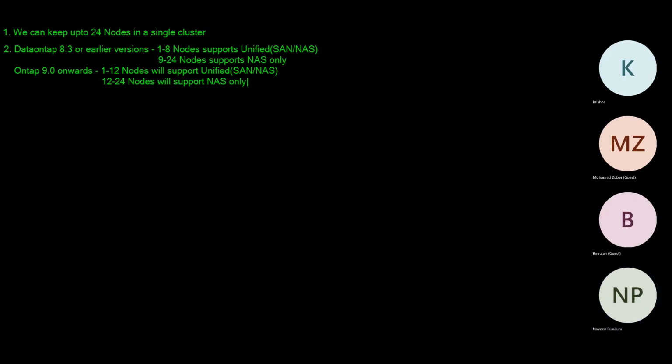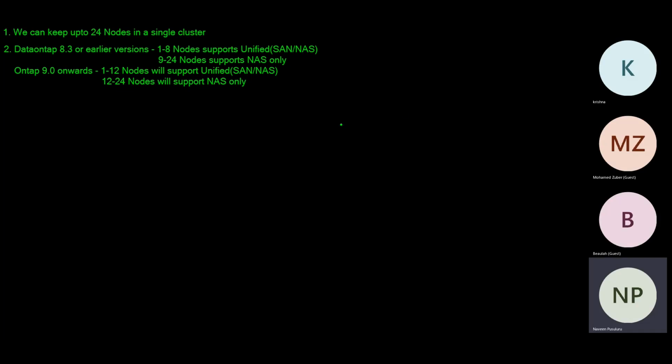They have changed the limitation from ONTAP 9 onwards. So if you upgrade your cluster nodes to ONTAP 9, then the first 12 nodes will support both SAN and NAS, but from 12 to 24 they'll support NAS only.